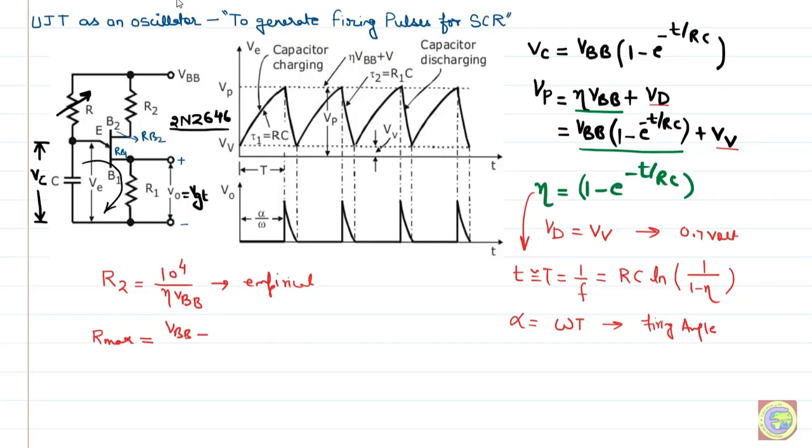So Rmax is equal to (VBB minus VP) upon IP. Remember, the value of peak current is very small, as shown in the characteristic curve also. The value of R minimum is equal to (VBB minus VV) divided by IV, that is the valley point current.